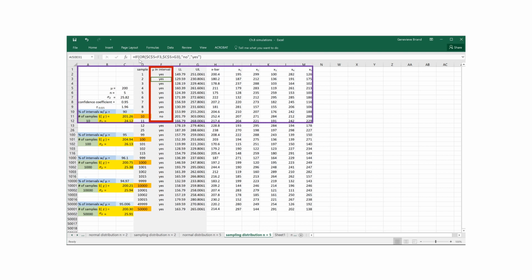So the value in cell C5, so cell C5 is our population mean.